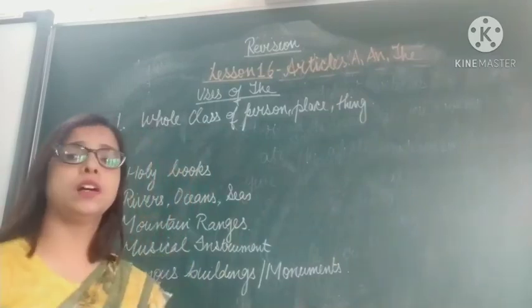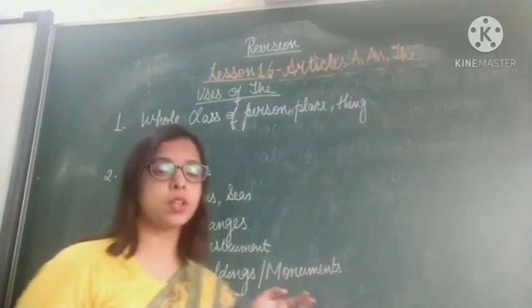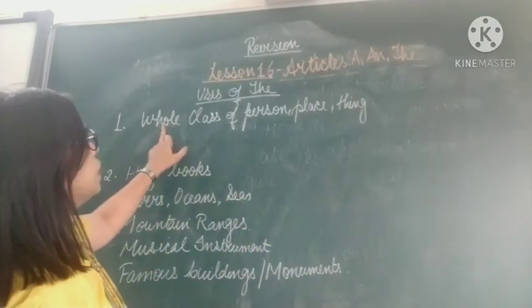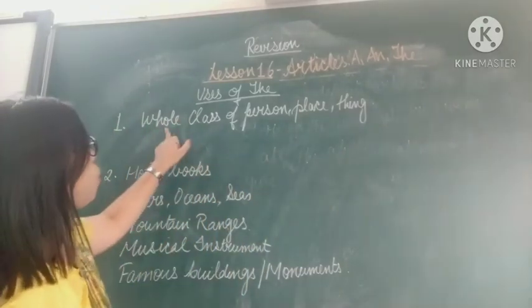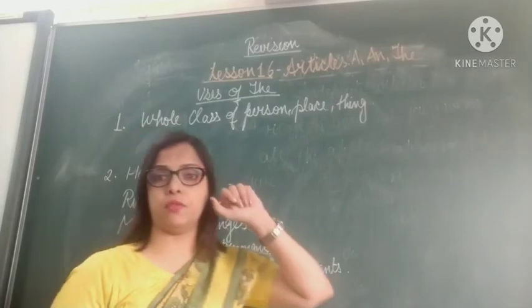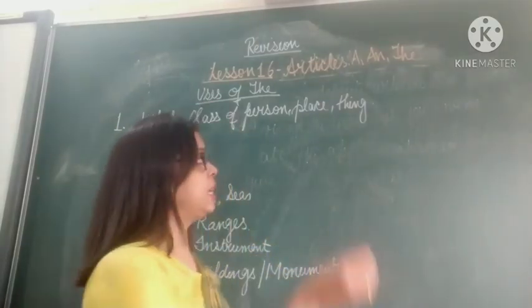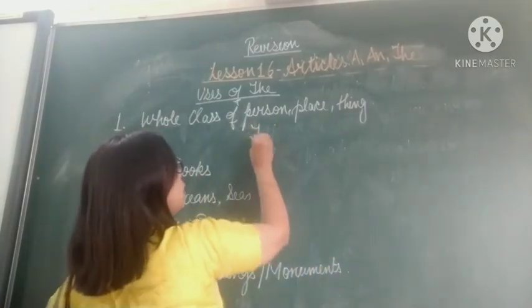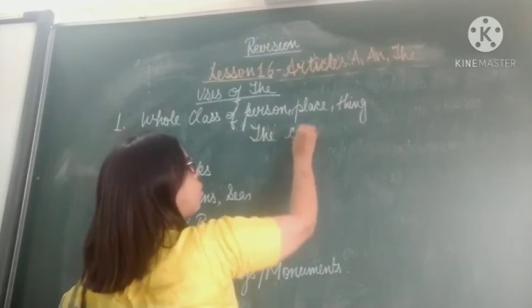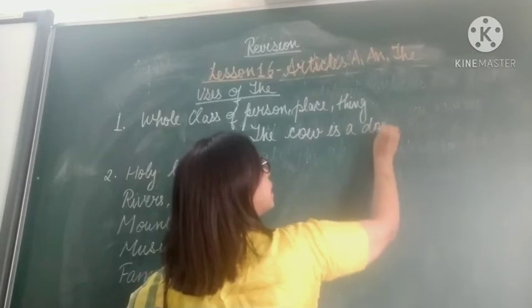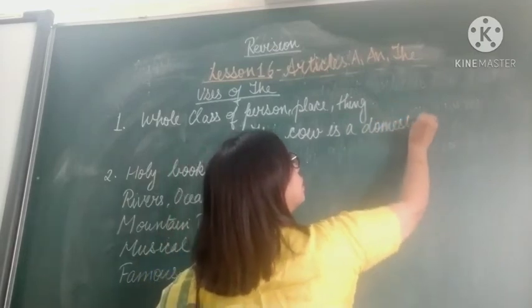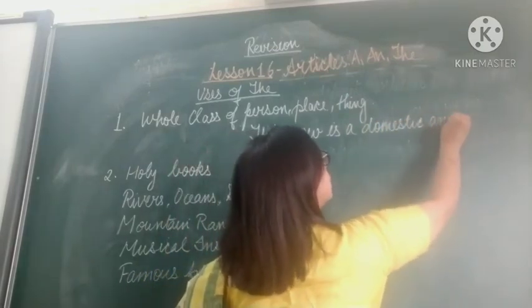Children, let's see more uses of "the." First, "the" is used before nouns to represent the whole class of person, place or thing. For example, if I say, the cow is a domestic animal.